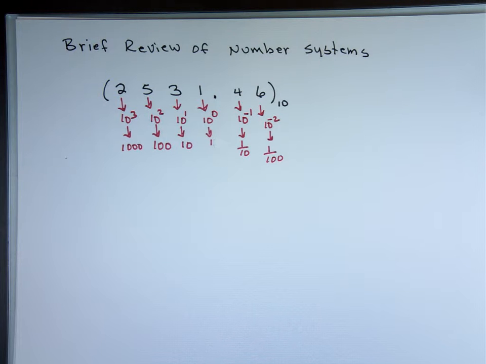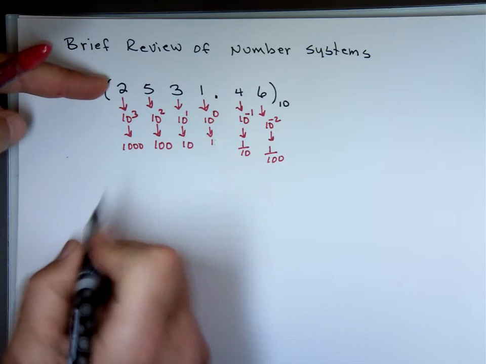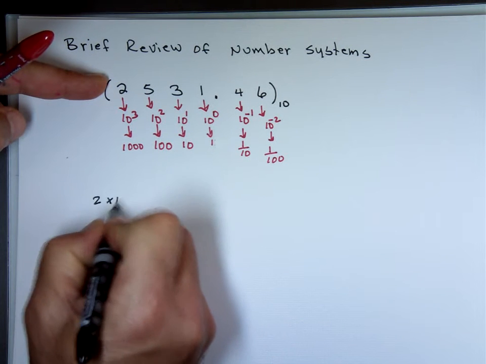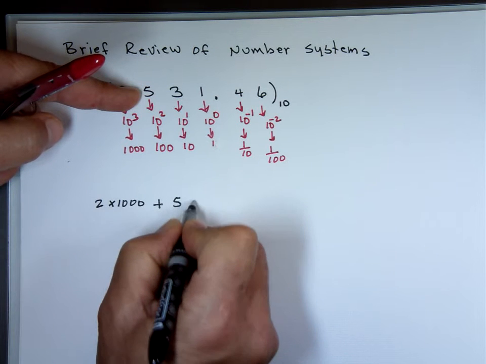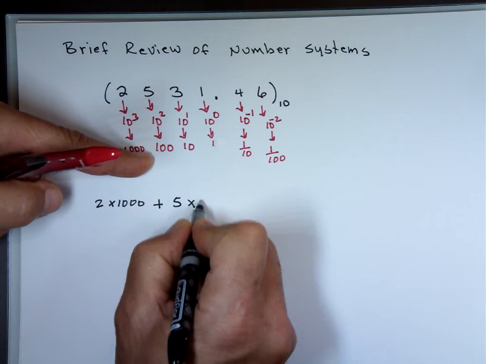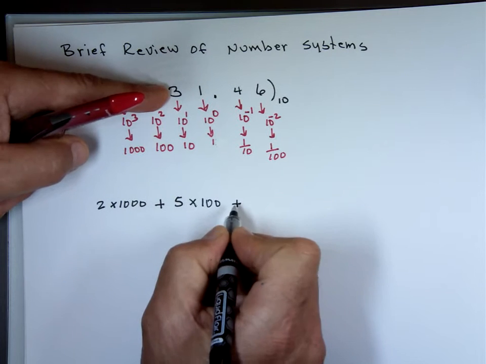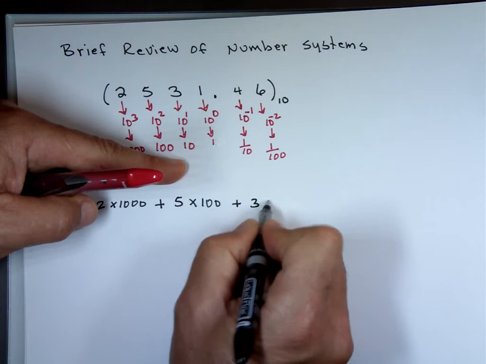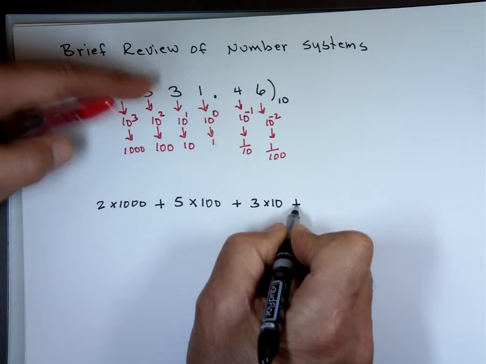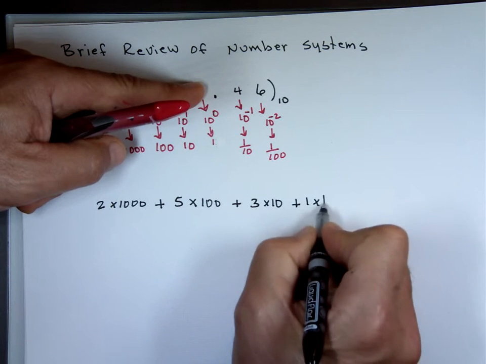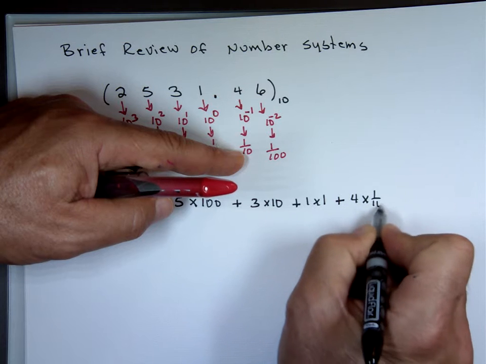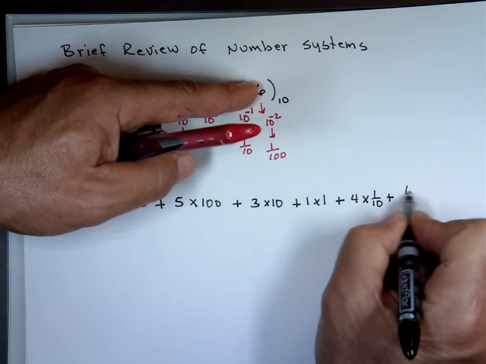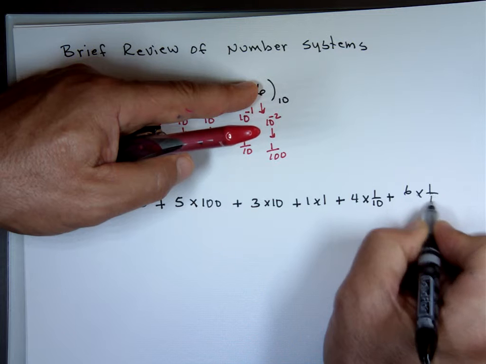So to find the value of that number, you go: it's 2 times its weight, 2 times 1,000, plus 5 times the weight of that digit, which is 100, plus 3 times 10, plus 1 times 1, plus 4 times 1/10, plus 6 times 1/100.